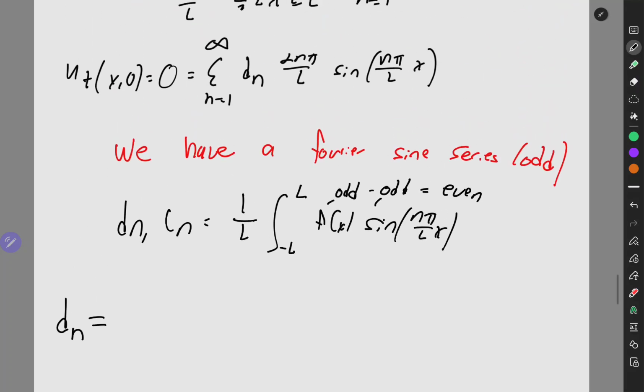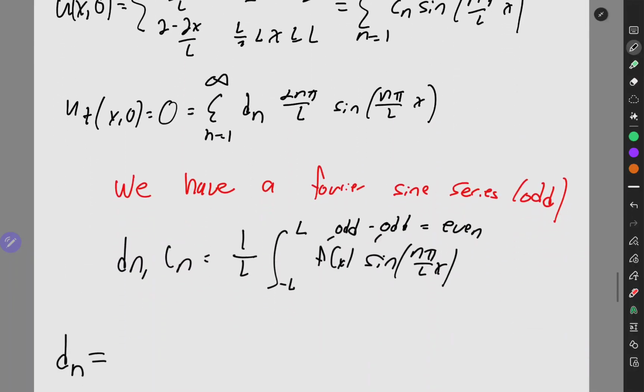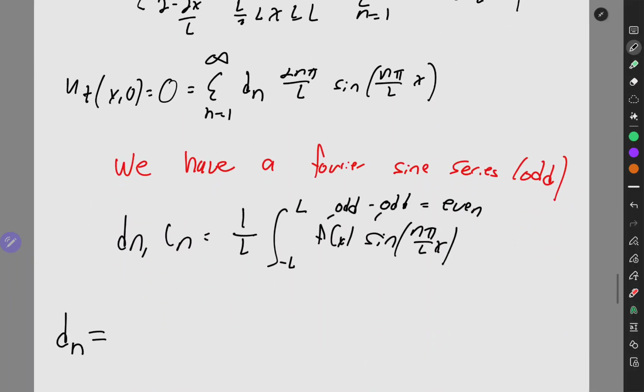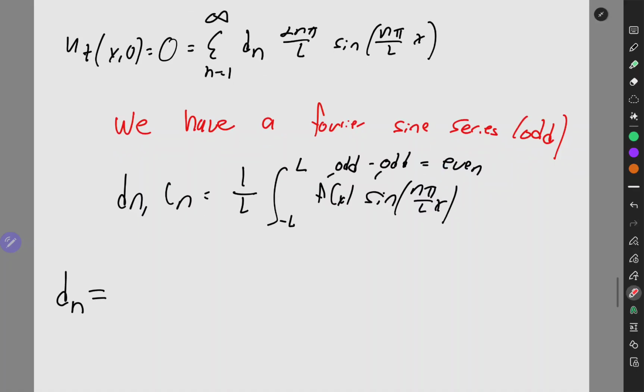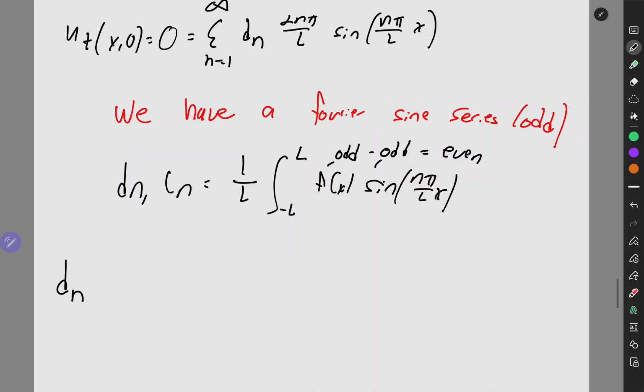Wait, I forgot. I don't think we ever did a problem like this yet. When we have this extra term in here, we'll definitely be seeing it from now on. But what you do is you basically multiply the constant here by that value. If you watch my Fourier derivation video, you will understand why.